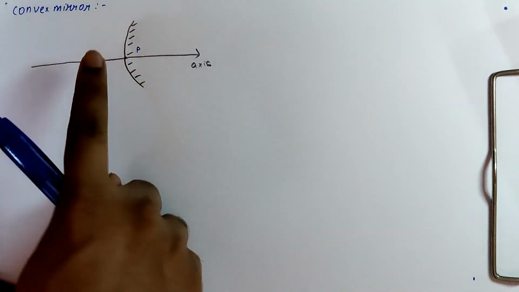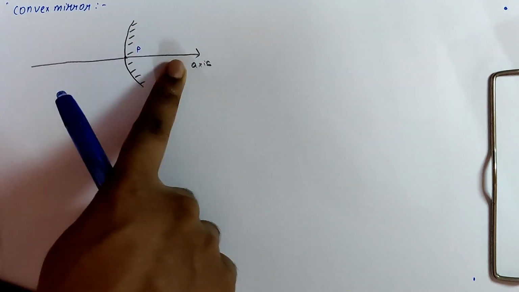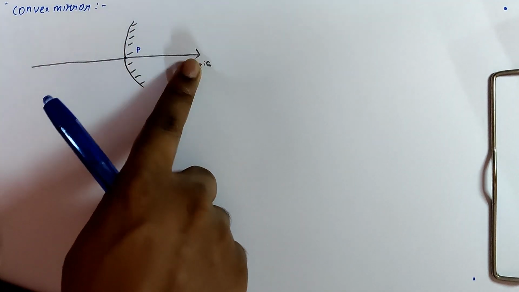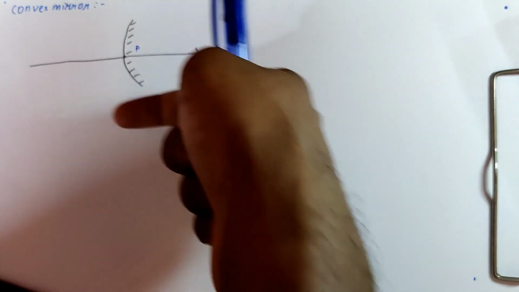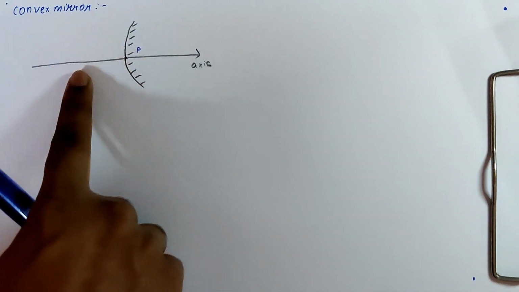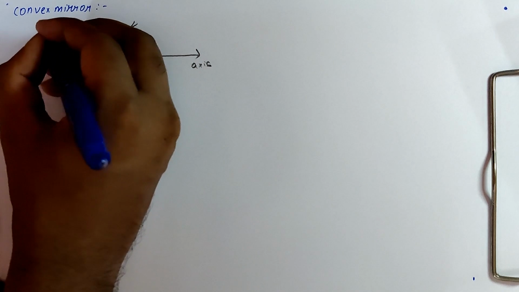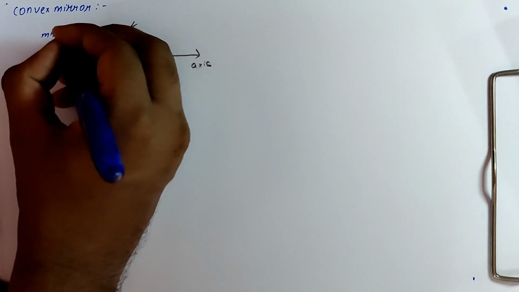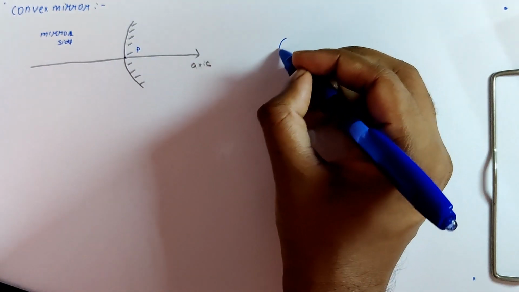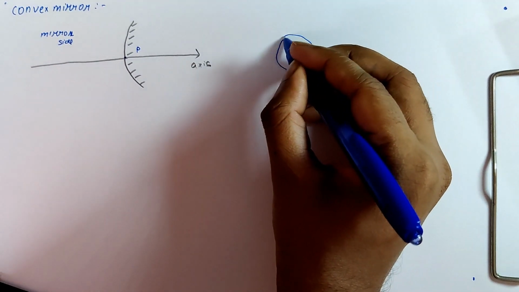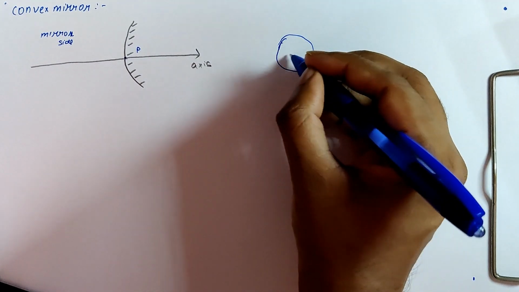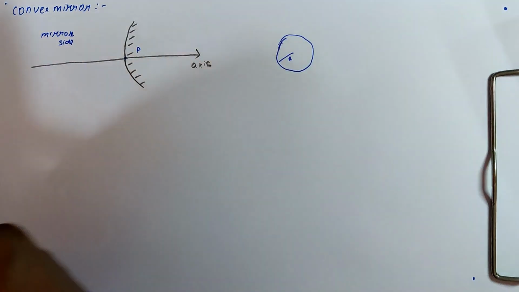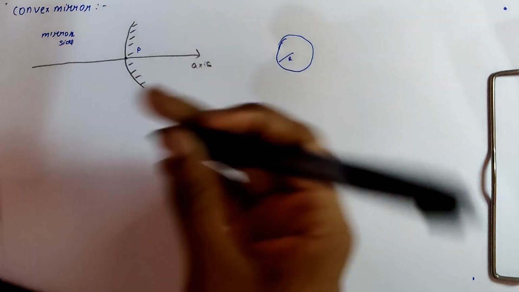Now the focus in this mirror will be behind the mirror because look at the curving, though this side is the mirror side, in the sphere, the curving path that I've taken is on this side.